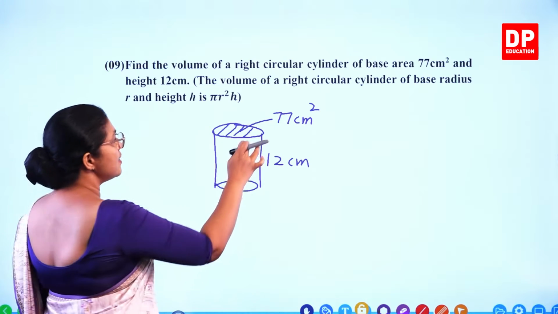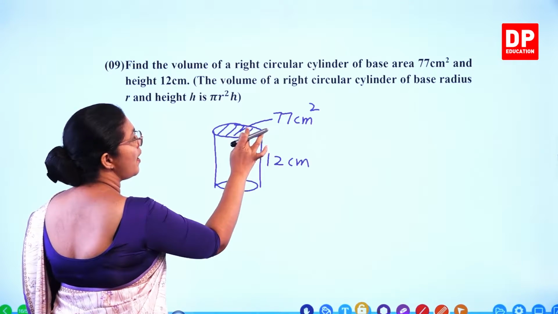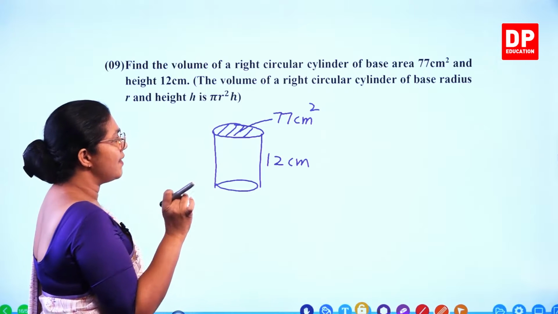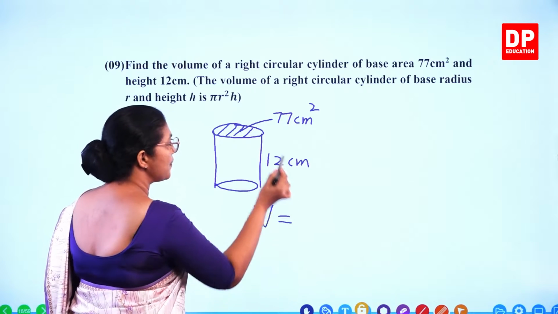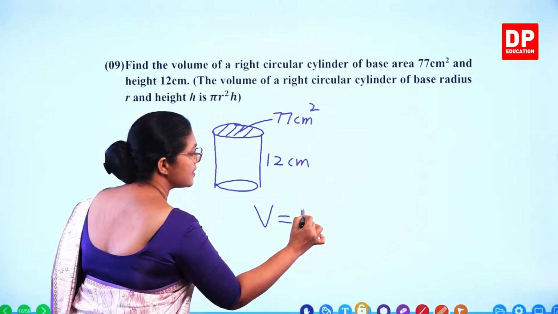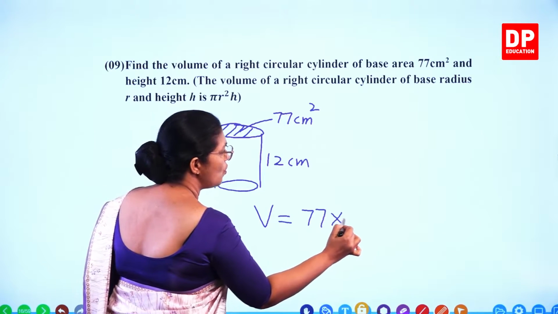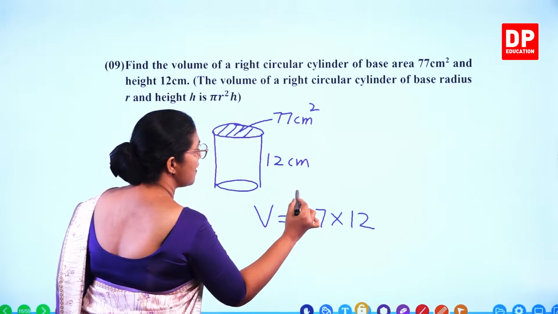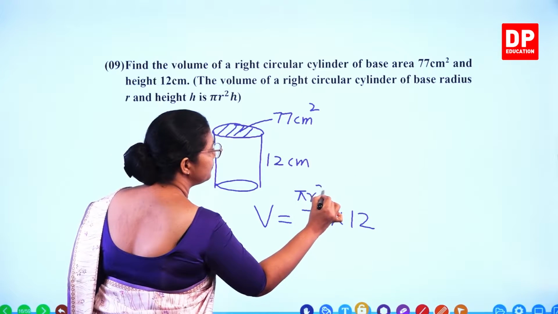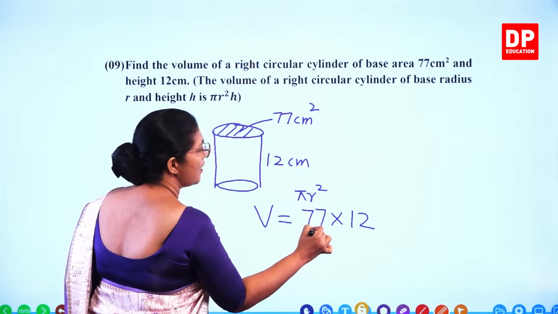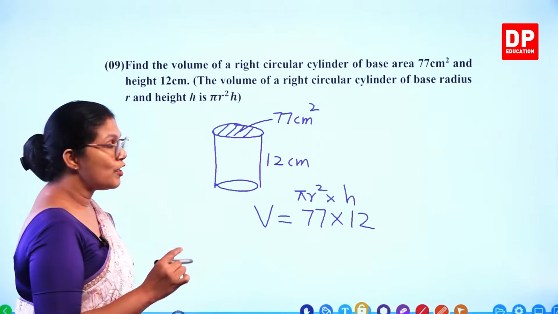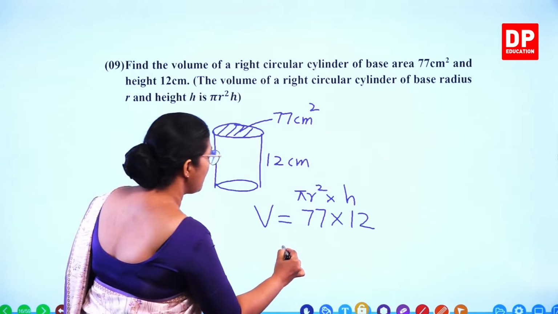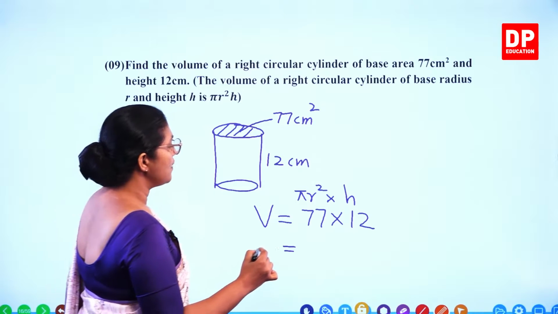This is a cylinder. So pi r squared, that's given, 77, and the height is 12. So the volume is base area, that's 77 into 12, because 77 is pi r squared. That's the area given and this is h. Pi r squared h is the volume of a cylinder. So 77 into 12.